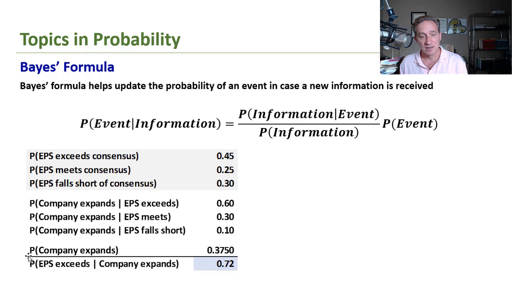We could compute the unconditional probability that the company expands because we're given these three conditional probabilities.